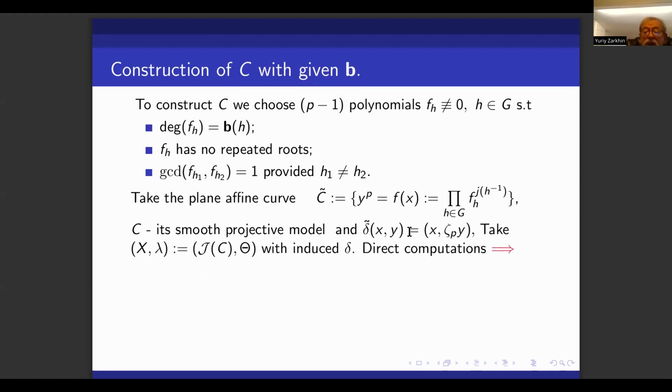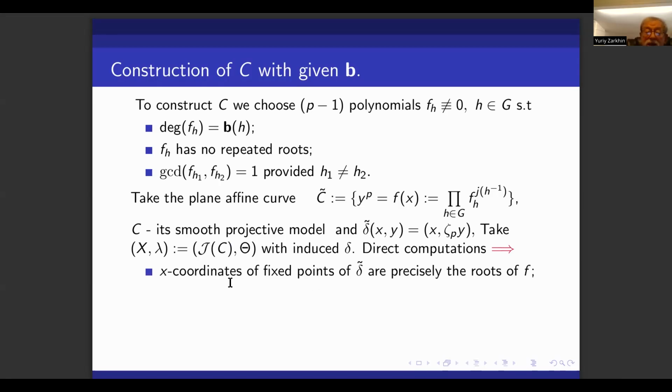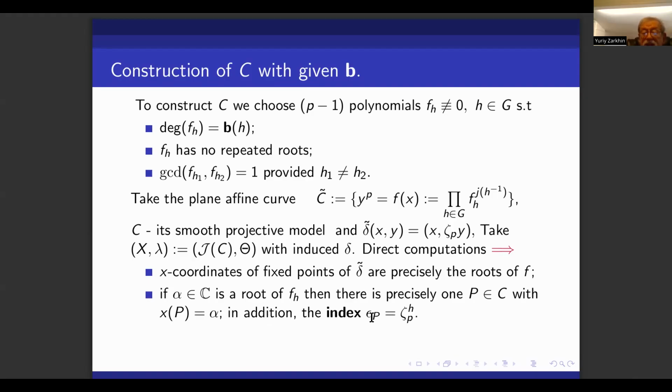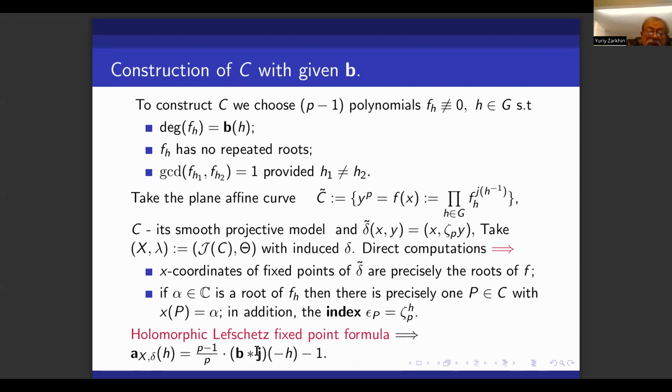A direct computation shows that the x coordinates of fixed points of delta tilde are precisely the roots of f. If alpha in C is a root of f h, then there is precisely one point P in C with x coordinate alpha. In addition, the index of P is zeta p to the power h. Now, the holomorphic Lefschetz fixed point formula implies that our A is obtained from B in the way we wanted.